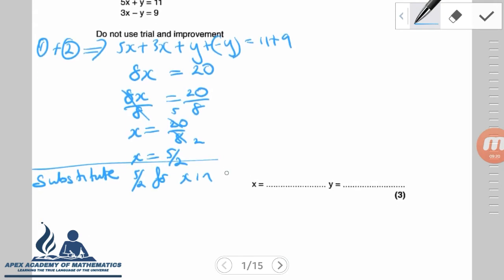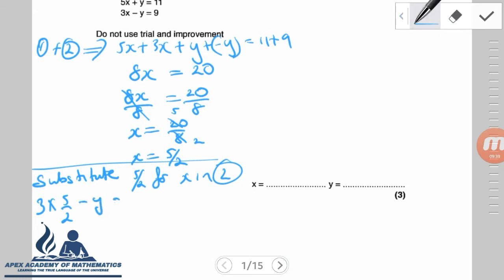Okay, so here we have 3 multiplied by the value of x here is 5 over 2, and that's going to be equal to, I'm sorry, let's just erase here, that's 3 times 5 over 2 minus y, and that's going to be equal to 9.